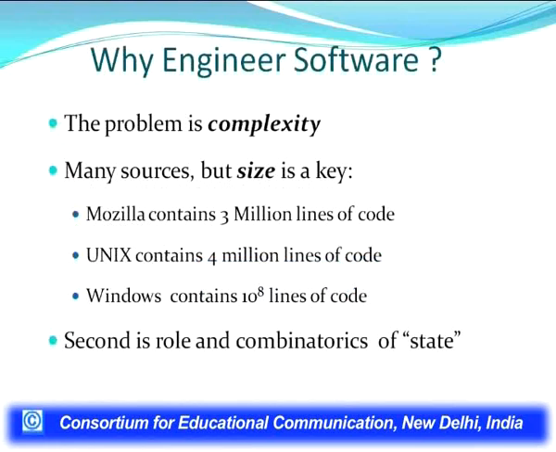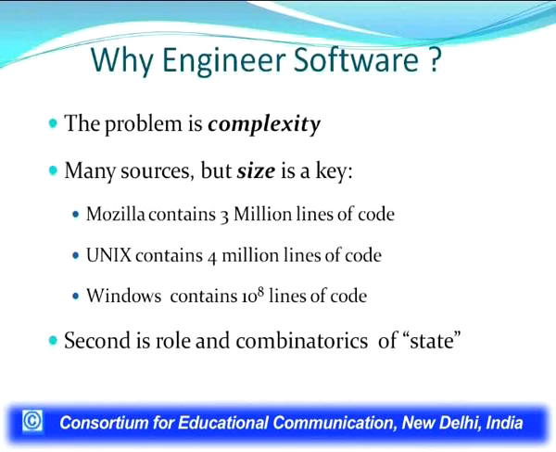Why engineer software? You can understand the problem is complexity. There are many sources, but size is a key. Imagine, Mozilla contains 3 million lines of code. Unix contains 4 million lines of code.